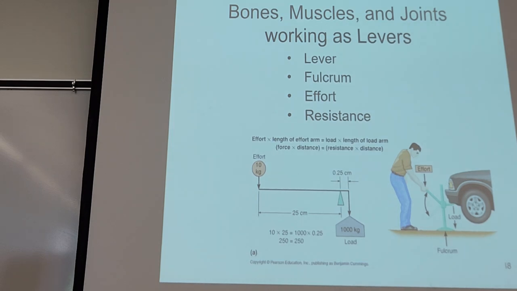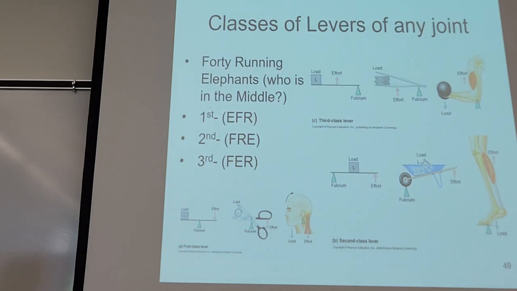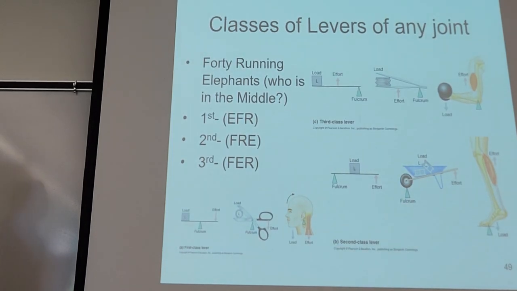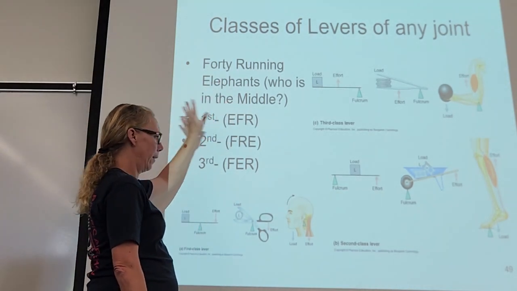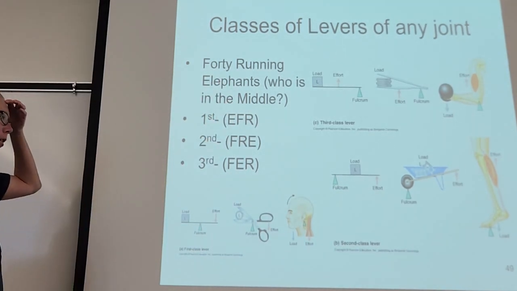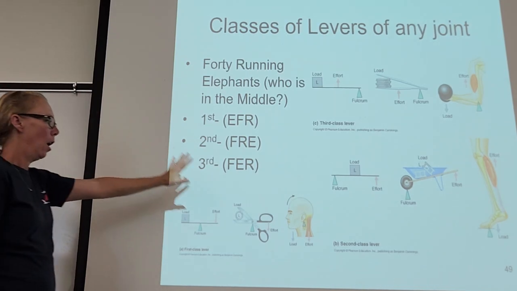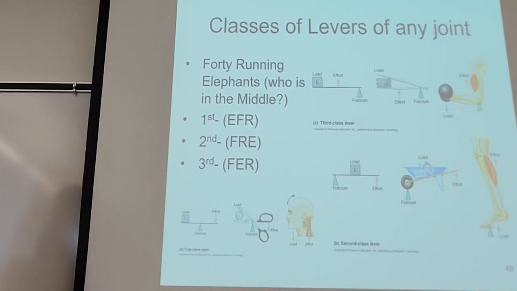Okay? So let's talk about the 3 different kinds. We have 3 different classes. All right? 40 running elephants, don't worry about that for the moment. Let's just talk about each lever class. A first class lever is here at the bottom left.